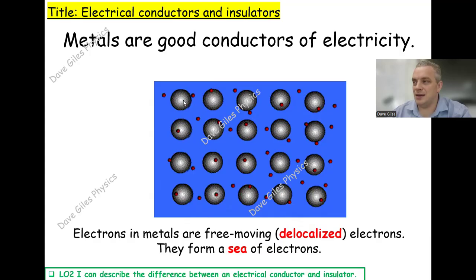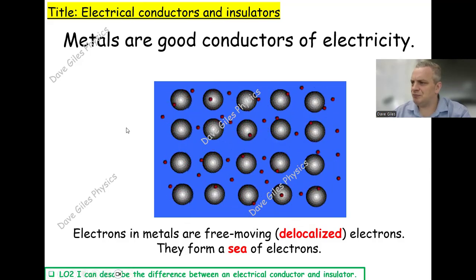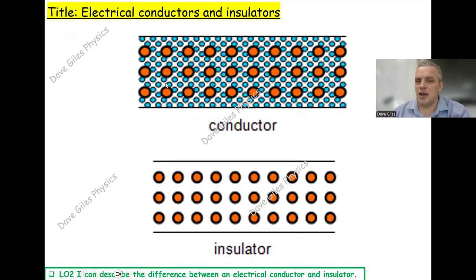You do get the big ions moving, but much, much slower than the electrons, because the electrons are so much smaller. So most of the current is from the flowing electrons. You can see here, this one at the top is a good conductor, because you've got lots of free electrons, and this one at the bottom is not such a good conductor, or rather, an insulator.